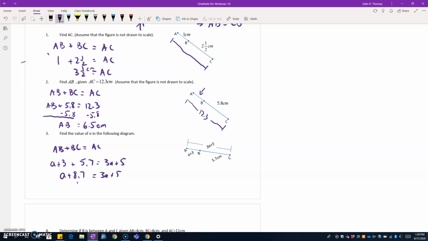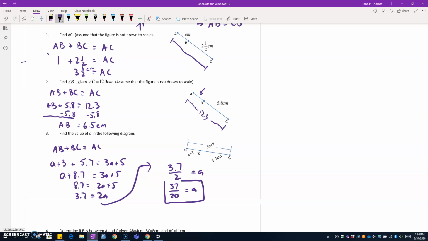If I subtract A from both sides, I have 8.7 equals 2A plus 5. If I subtract 5, I've got 3.7 equals 2A. Then I'm going to divide both sides by 2, so 3.7 over 2 equals A, which is really 37 over 20, which doesn't reduce, and that would be my fraction answer for that one. We could go to a decimal if we wanted to. These are typically the type of questions that you're going to see with betweenness and segment addition.